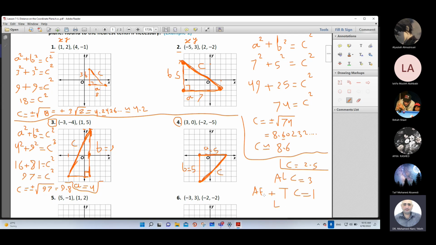Okay, check with me. Here, as you see, we have a right triangle, so we can use the Pythagorean theorem. The rule will be a squared plus b squared equals c squared. So a is 5 squared, 5 times 5 will be 25.